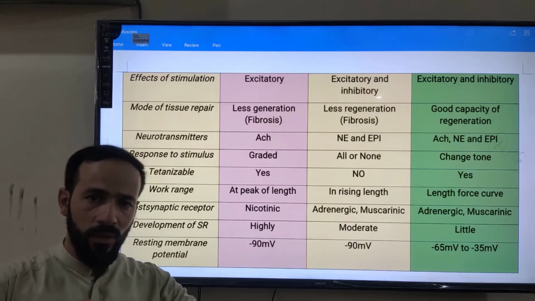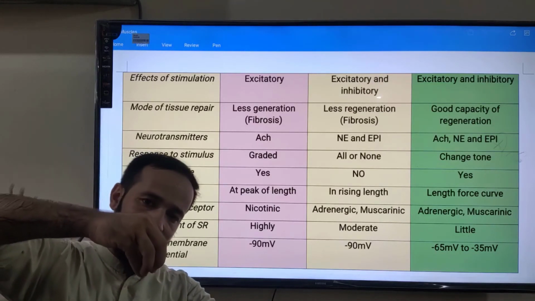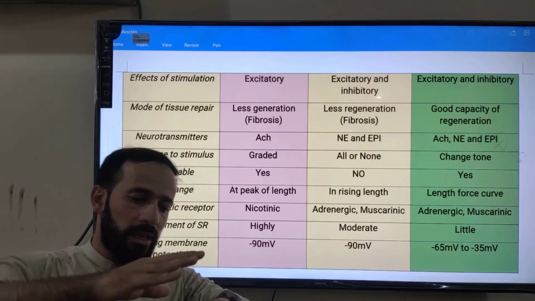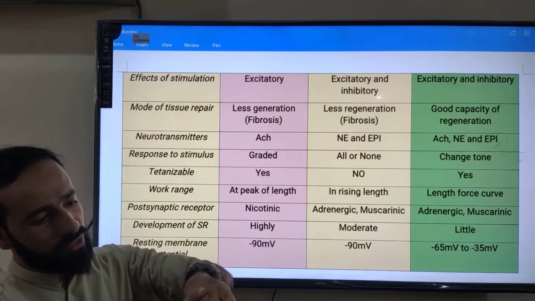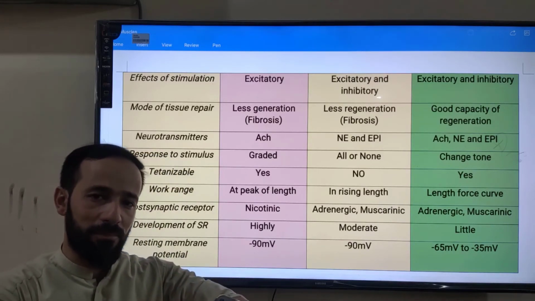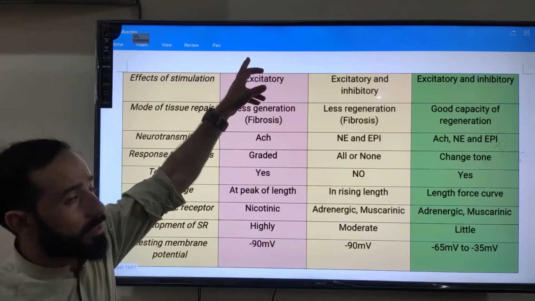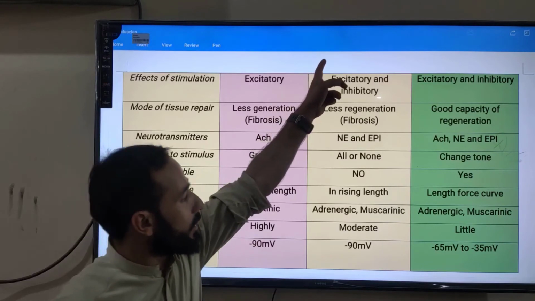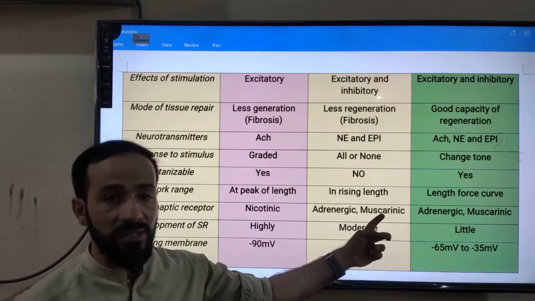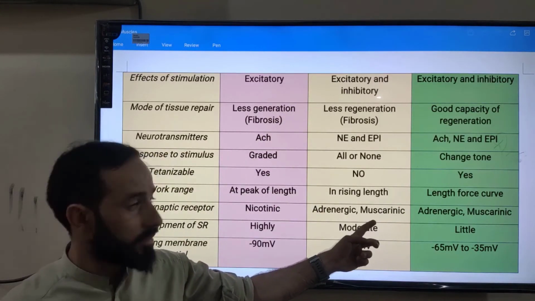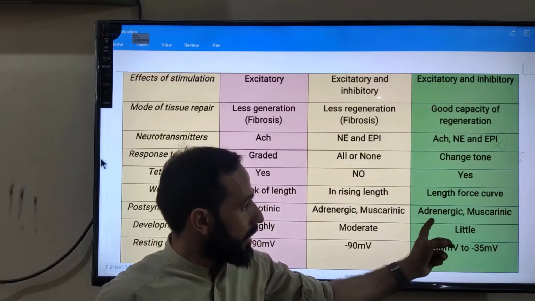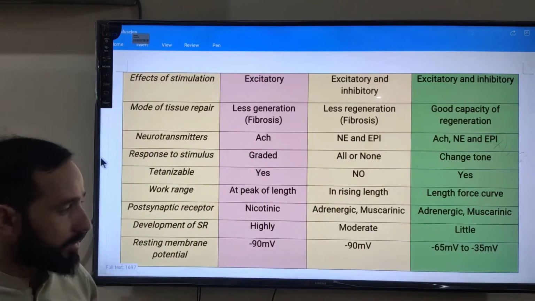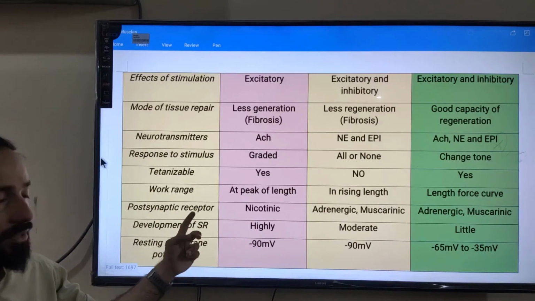Postsynaptic receptor means when the nerve releases the neurotransmitter, and this is a muscle, on the surface of this muscle cell, which receptor is present? So in case of skeletal muscles, nicotinic receptors are present. In case of cardiac muscles, adrenergic and muscarinic receptors are present. Right? And in case of smooth muscles, adrenergic and muscarinic receptors are present. This is the difference between the postsynaptic receptors.